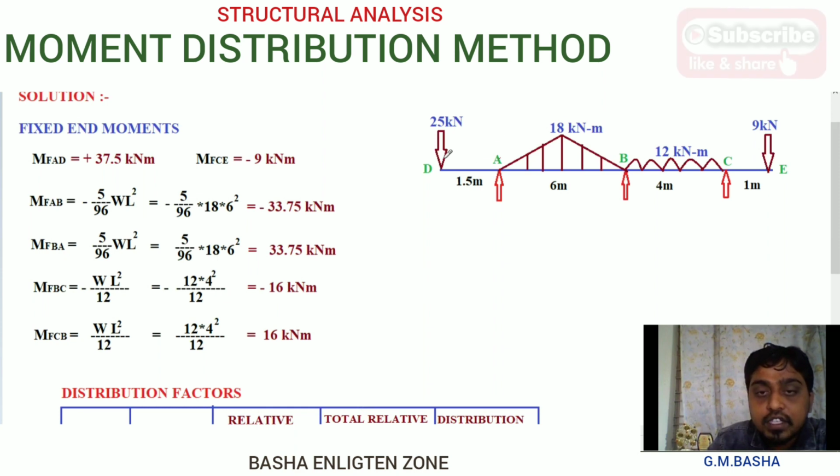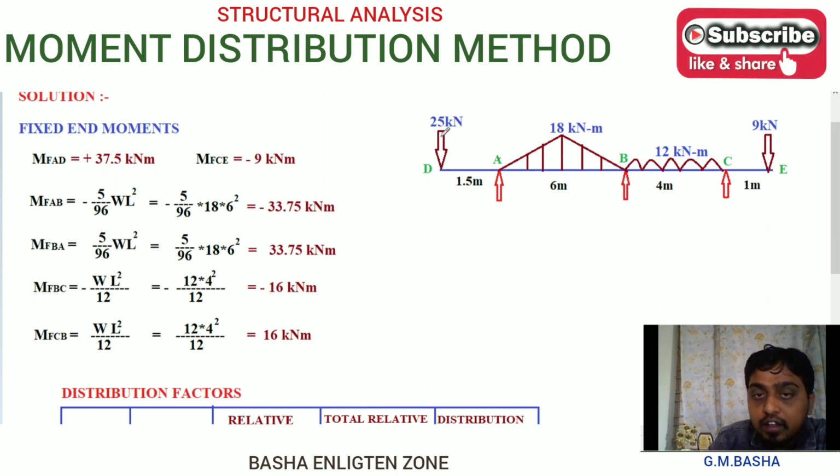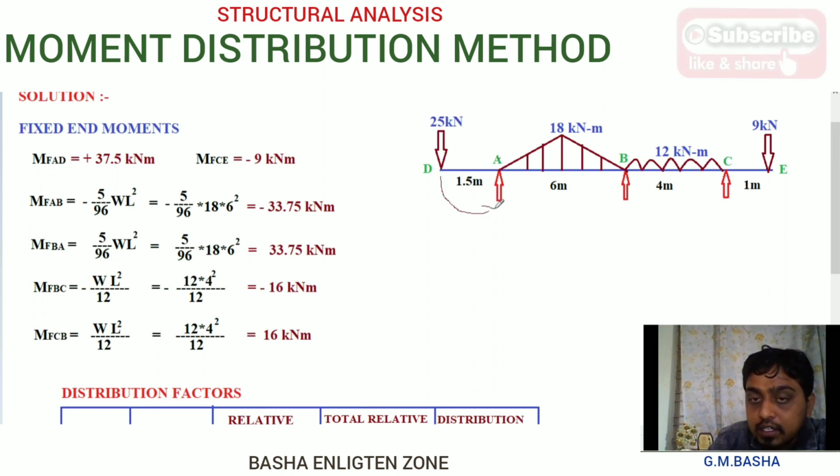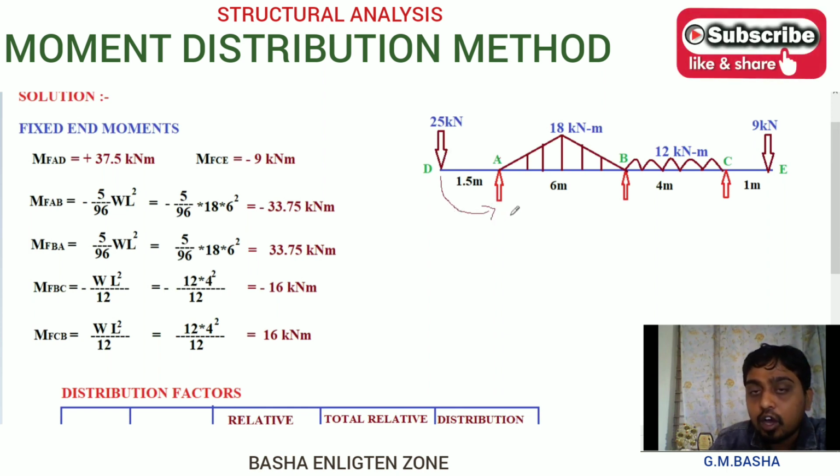See here, fixed moment EAD. I am talking about the moment. Here the force is acting at the free end. I am removing this force and I am taking the moment like this. Here the force acting towards A will be anti-clockwise.